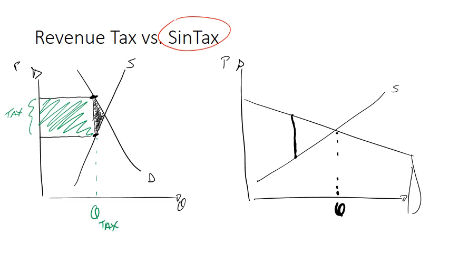This was our equilibrium, and look how much Q has fallen by. It's pretty tremendous.